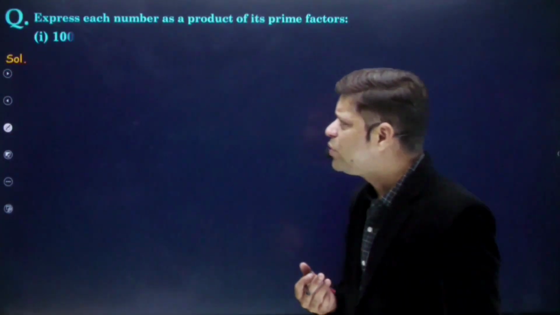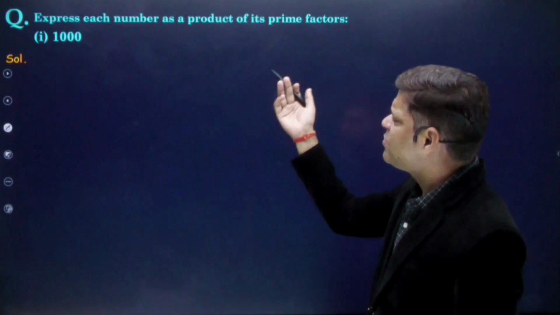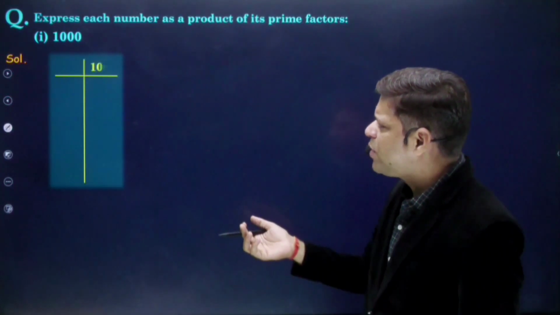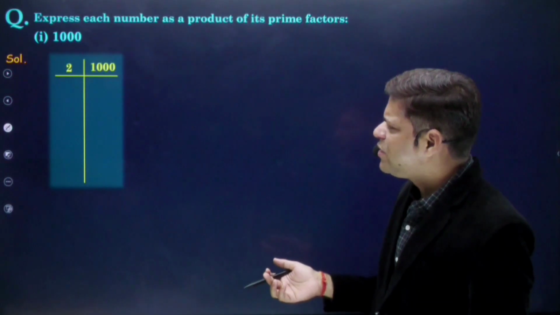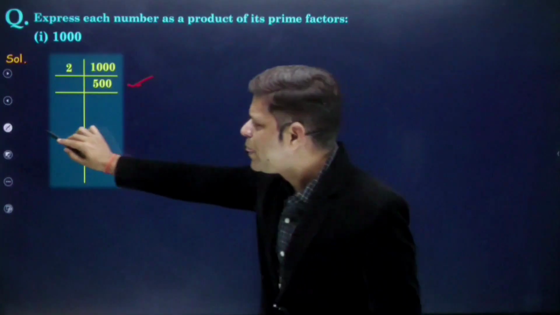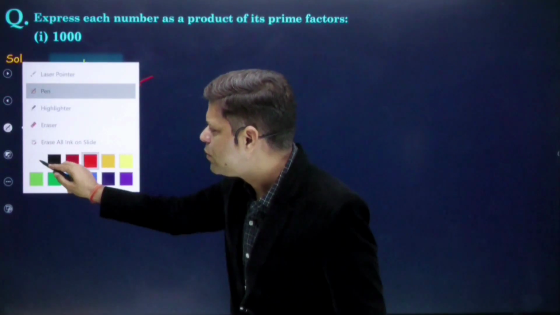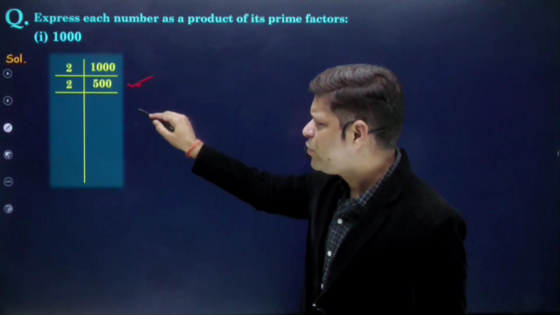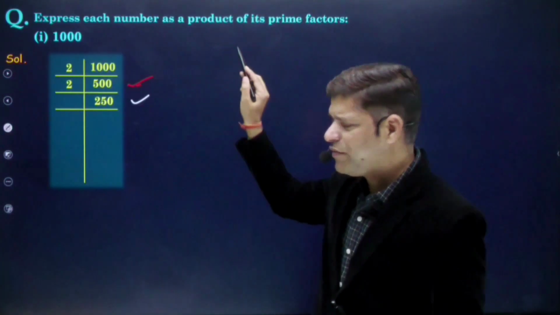So now the next extra question based on this one is we have to express 1000 as the product of prime numbers. It can be easily done, divided by 2, then 500. Okay, then divided by 2, then it will be 250.